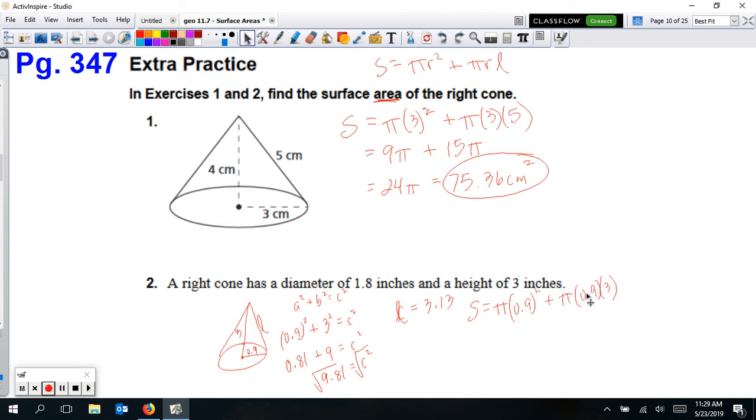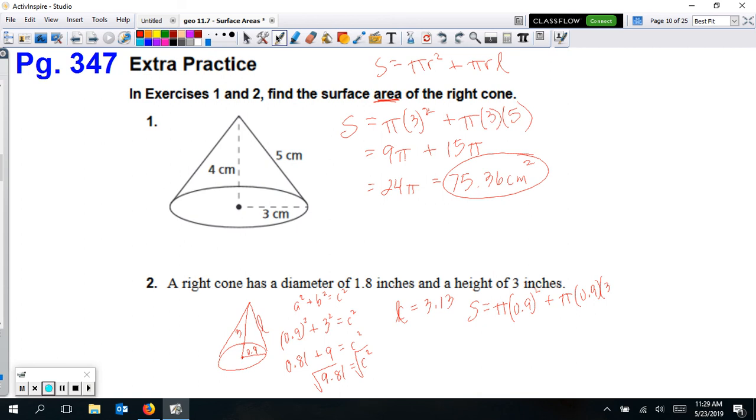So pi times 0.9, and I just put times 3 on this one. I probably should have put 3.13. I'm not sure why I didn't on this one. Maybe I went off of this 3 right here. So that would be a mistake I made earlier when I did this before. So let me fix that.